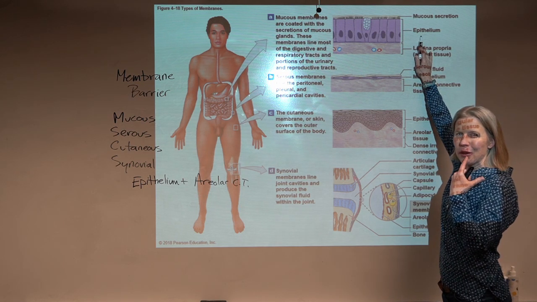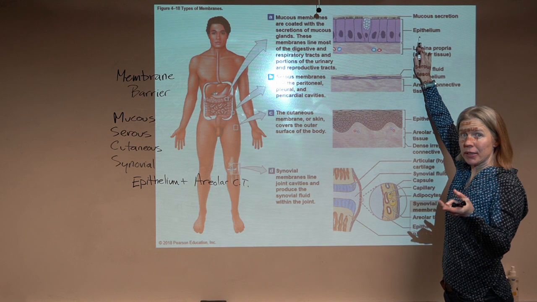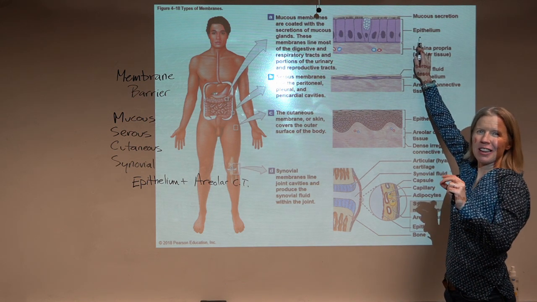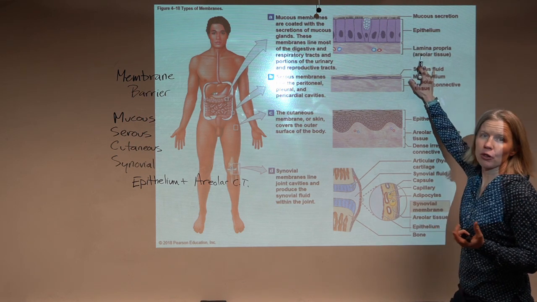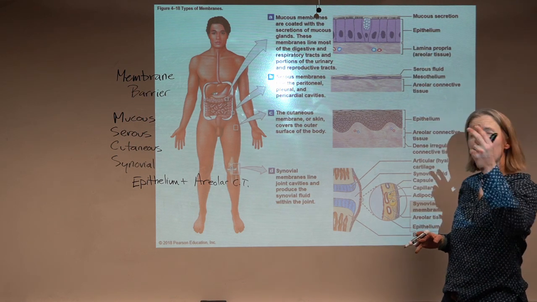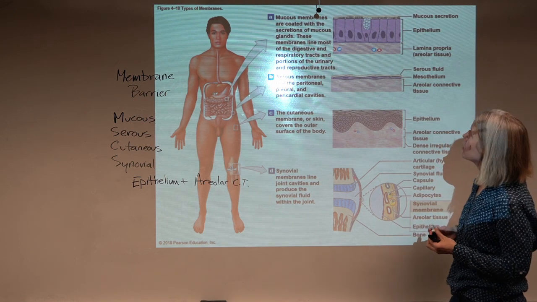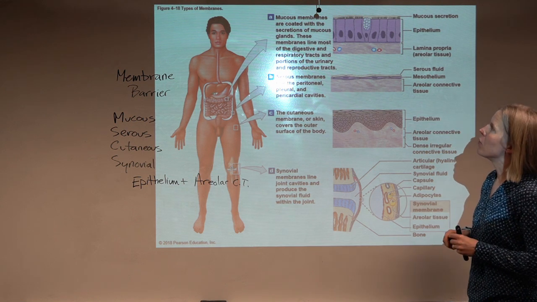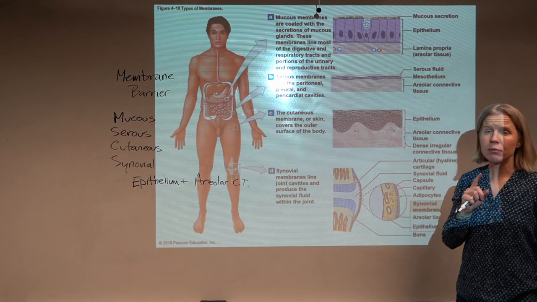For example, in your mouth, you have stratified squamous epithelium, but if you went to the trachea, you'd find pseudostratified ciliated columnar epithelium, but always with the underlying areolar connective tissue. So the type of epithelium in that mucous membrane might change, but it's still serving a similar purpose. It's covering or lining that particular organ.